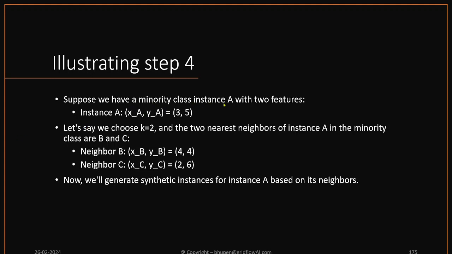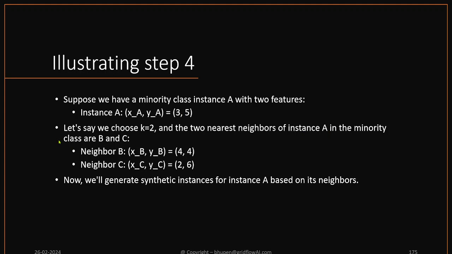Suppose we have a minority class A and there are two columns, XA and YA, and the values are 3 and 5. So that means this is a record. 3 and 5 is a minority instance. Let's say the number of neighbors is 2, and the algorithm has found the two nearest neighbors of this particular instance in the minority class.